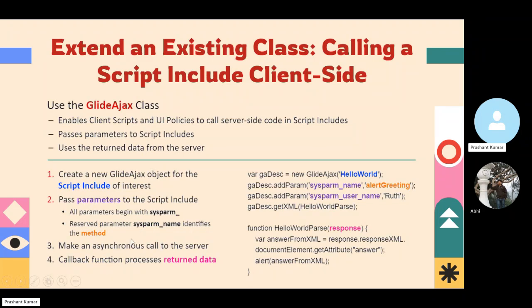So that's why most of the time we call it as an asynchronous call with the server. So this way we will write, and we will get the relevant output for our client script. So I will show you how we can create that.